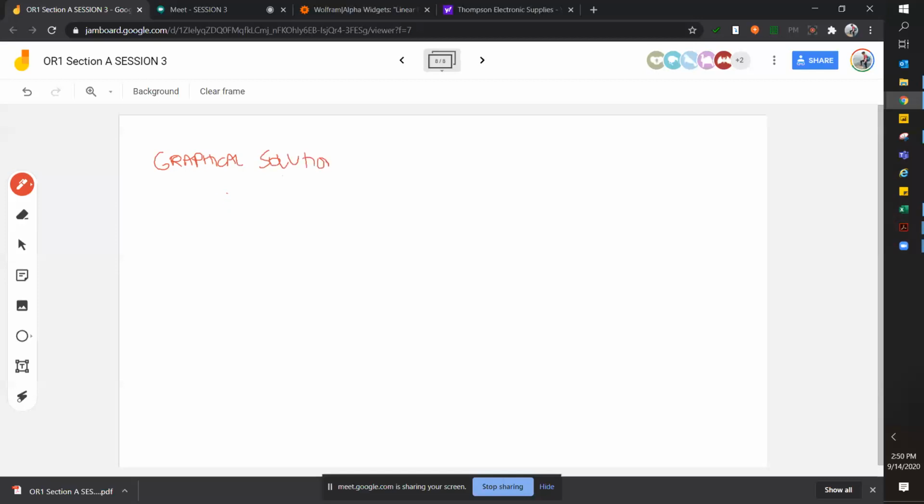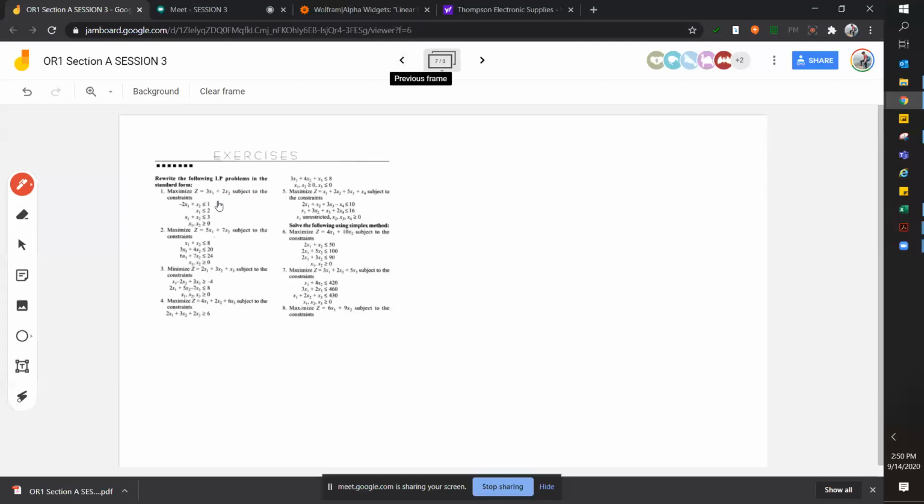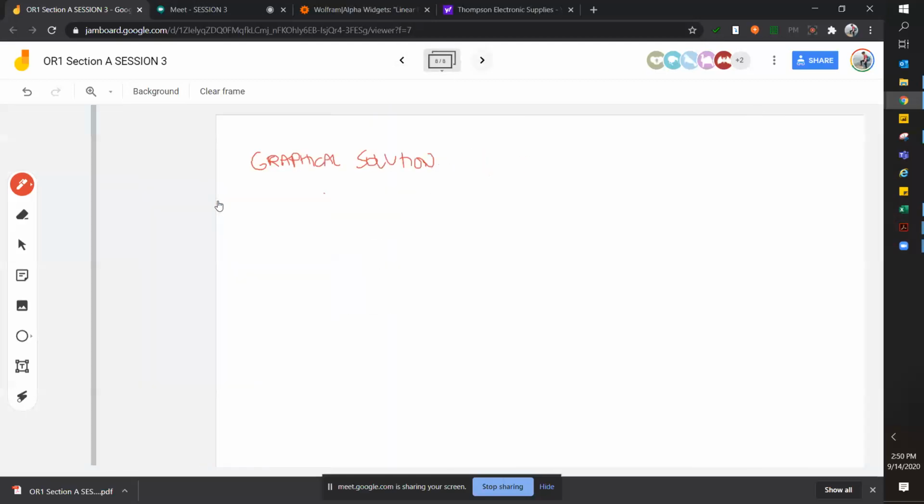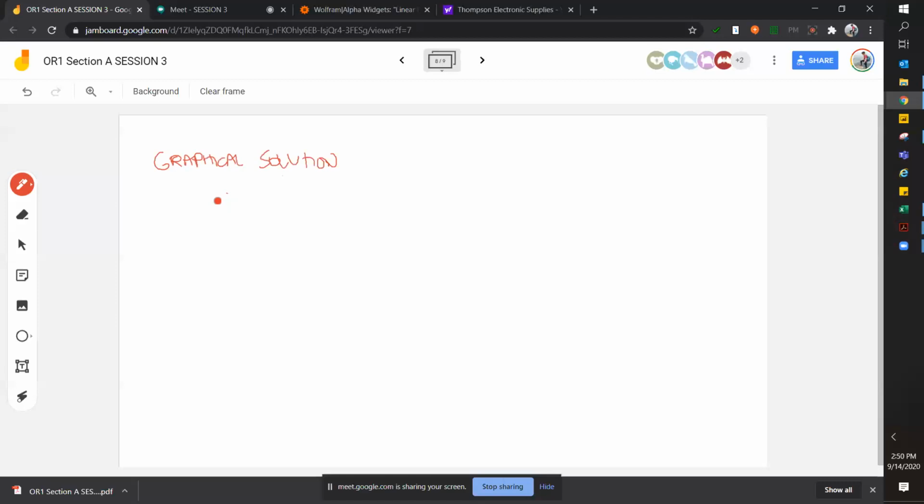Ngayon, marunong naman kayong mag-graph, ano? Tama? Natutunan natin yung last time. Okay. So, let's try to pick few problems here. I'll be asking you graphical solution. Normally, this is only applicable for 2 decision variables.